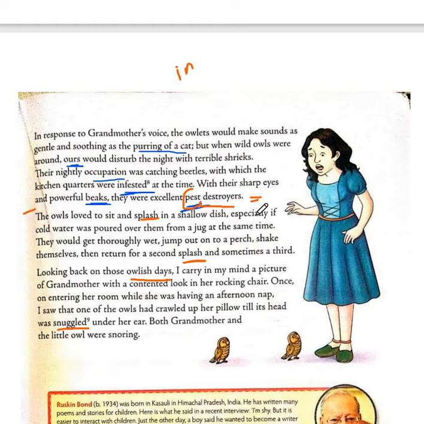They would get thoroughly wet. They will be completely wet. That means they will sprinkle and splash the water everywhere on their body and jump out onto the perch. I have said what a perch is. If you see in a cage, you will see a kind of rod which is given. That is what we call a perch.